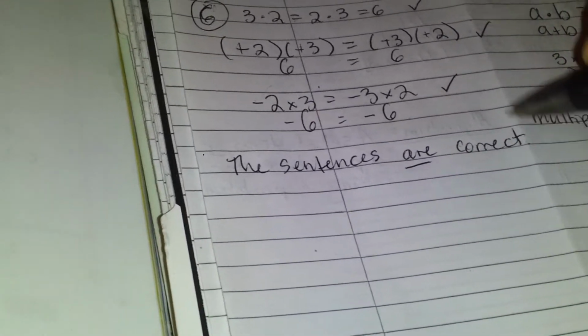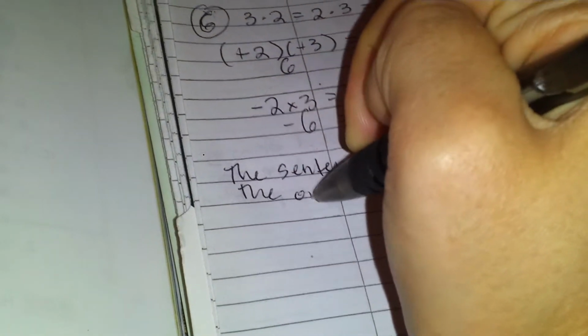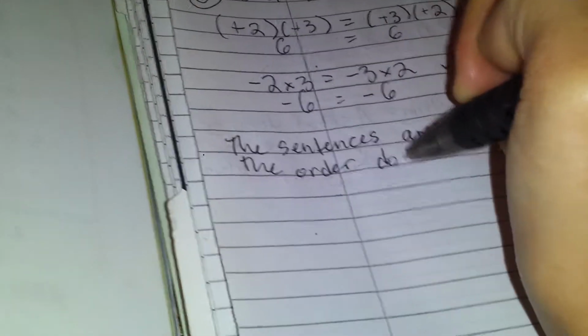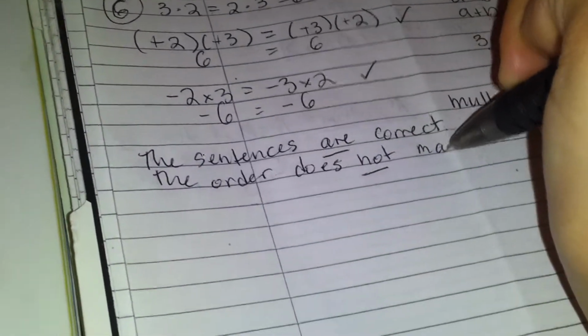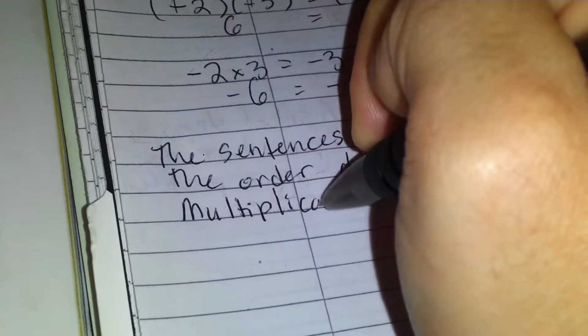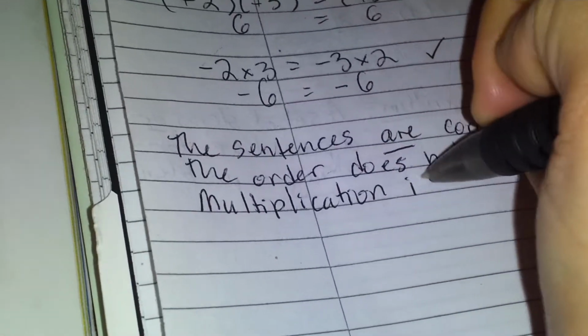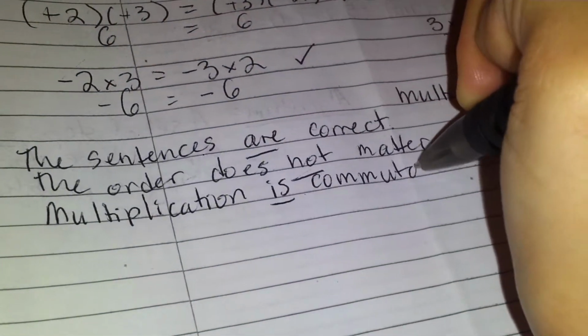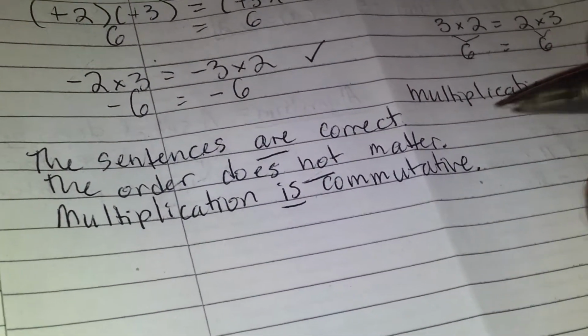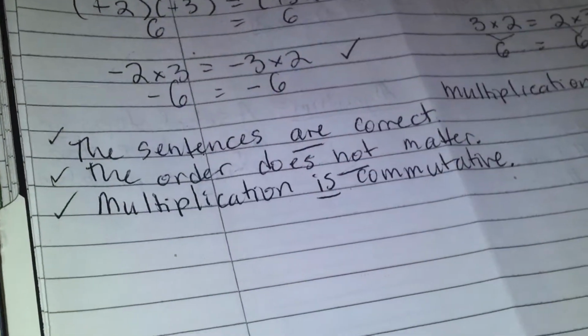Which means that the order does not matter. That's the whole meaning of commutative. Therefore, multiplication, even with negative numbers, is commutative. We have a complete answer to all 3 questions, 1, 2, and 3.